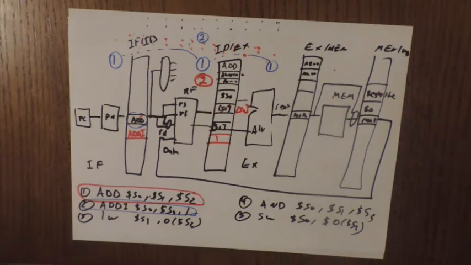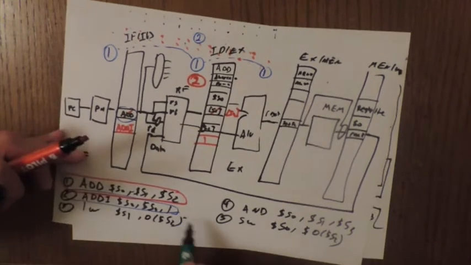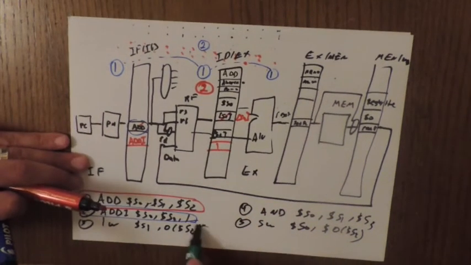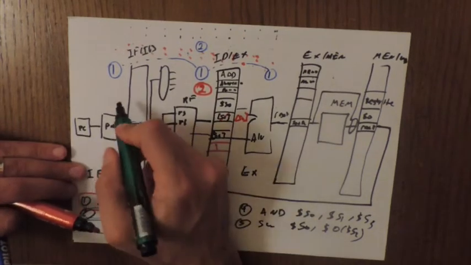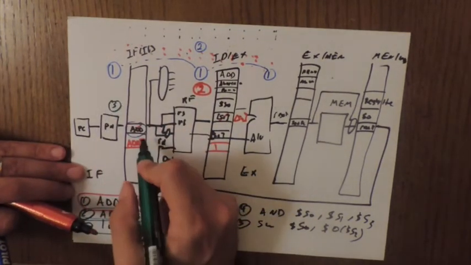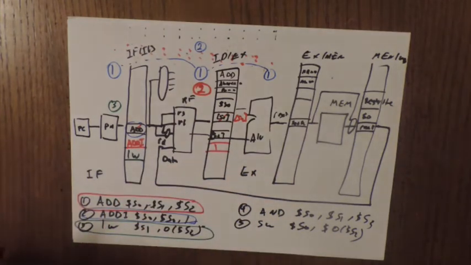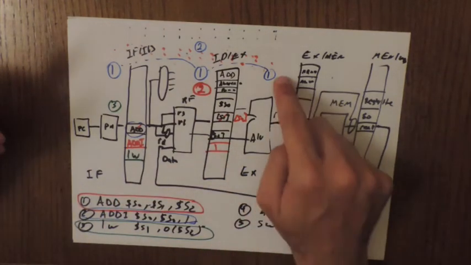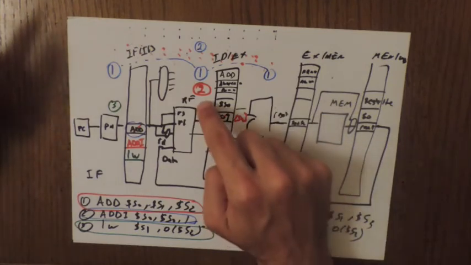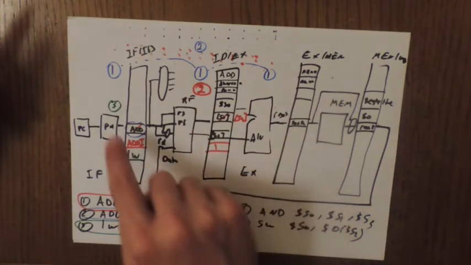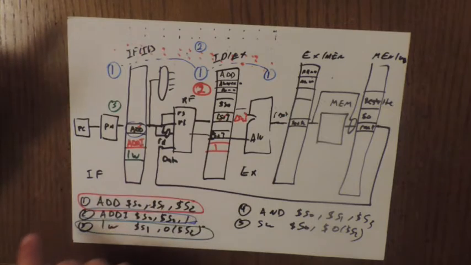And at the same time, instruction 3 will be fetched at the third cycle, and we have here an LW. So now 1 is executing, 2 is being decoded, and 3 is being fetched.